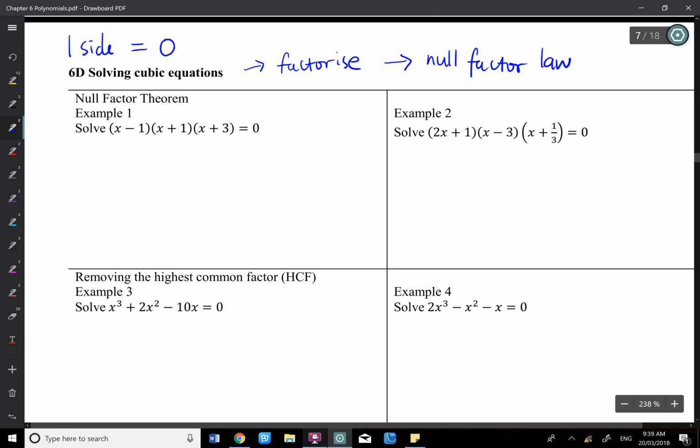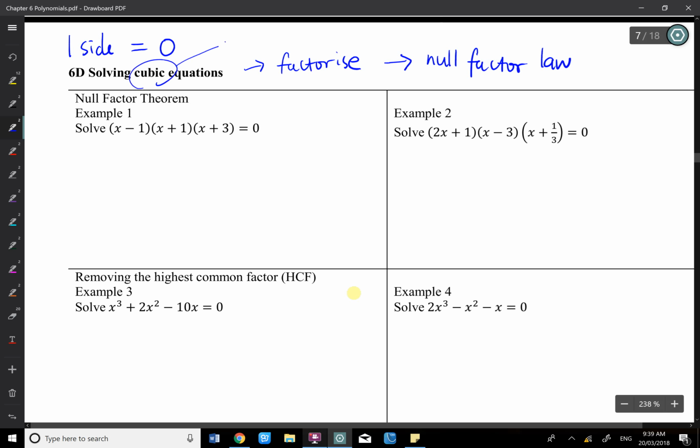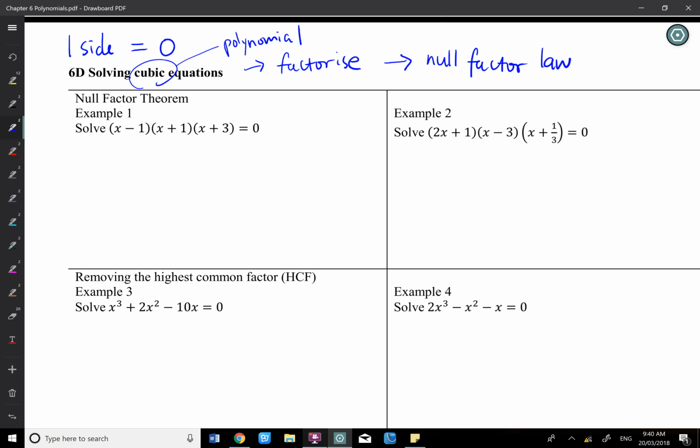You need one side to equal 0 in order to use the null factor law. Not only cubic, I can change the word to polynomial. Solving all polynomial equations will be the same. You factorize it, make one side equal to 0, then use the null factor law. Then you can see how many solutions there are very easily.